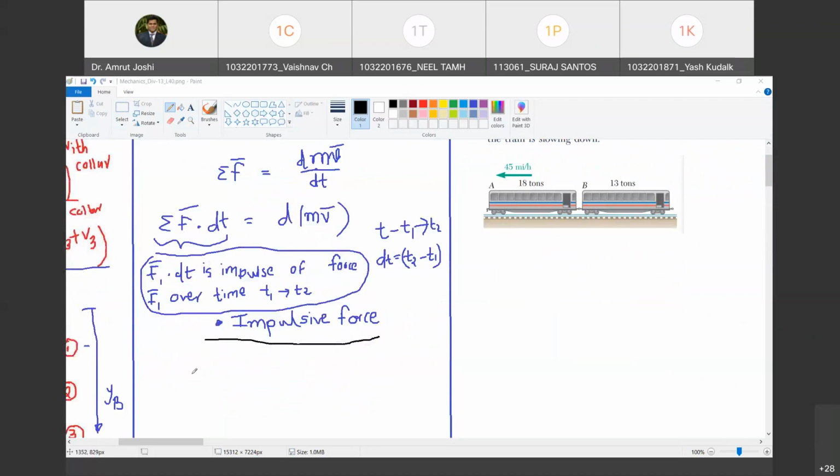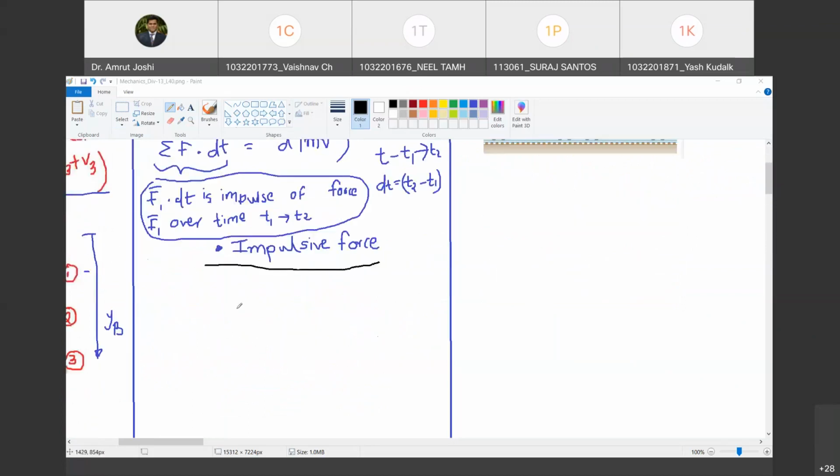So now let us talk about what is impulsive force. Imagine that there is an impact between two bodies. This body was traveling with velocity v1, this was traveling with velocity v2, and there was an impact.